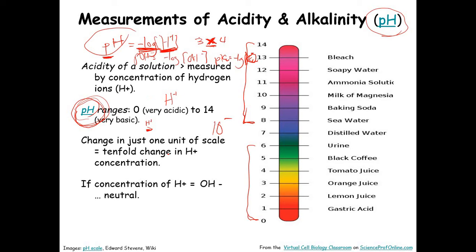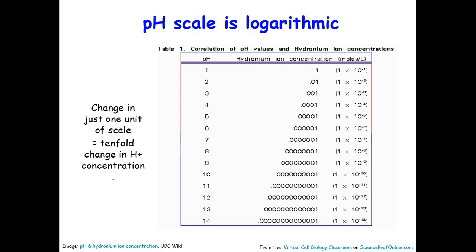Which means that if you have a change of one unit on the scale, meaning from 1 to 2, or from 2 to 3, or from 3 to 4, it means a tenfold change in H+ concentration. Okay? So this is what it means, class, the logarithmic pH scale.